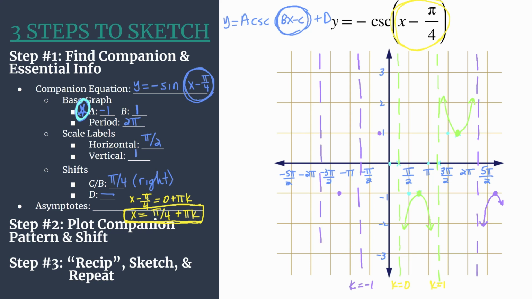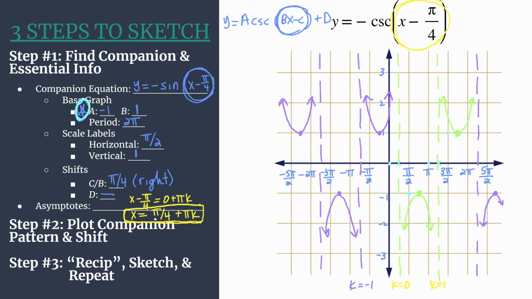You could sub in values for k. I'm sure you're predicting that would be when k equals -2. But there we have several cycles of our graph. So we'll sketch this in. We have almost 3 full cycles shown here.